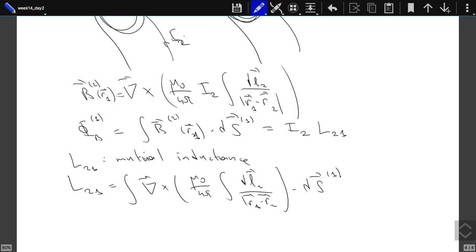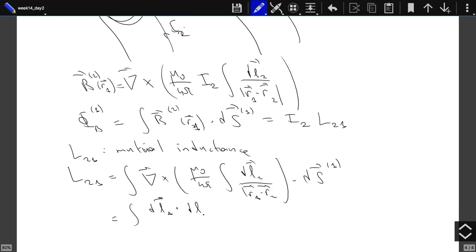I can also convert it to a loop integral. So this is equal to mu 0 over 4 pi times dl1 dot dl2 divided by R1 minus R2. A double integral? Yes, it's a double integral.